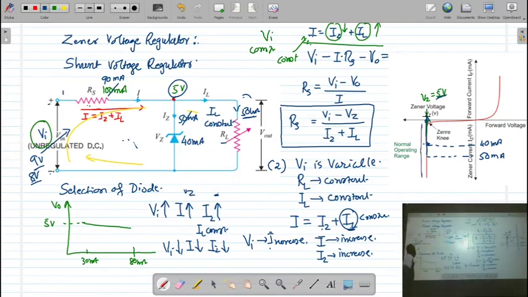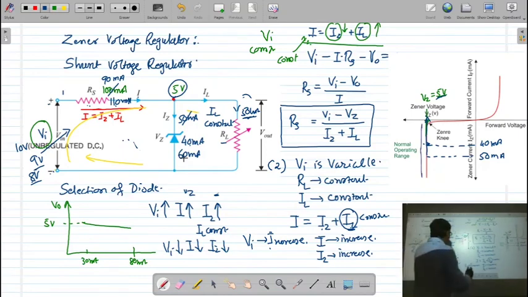Same thing. Here the input voltage increased to 10 volt. Then naturally the total current will increase to 110 milliampere. But the load current is constant, so whatever the current is changing, that change will be in the zener current, and this current becomes 60 milliampere because the total current has to be 110. So this is 50, this is 60, 110 milliampere.